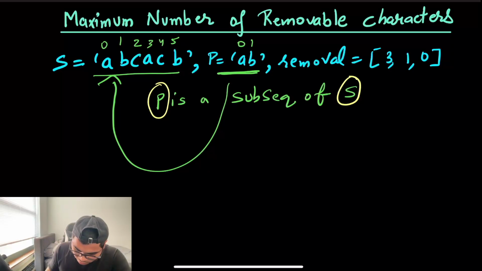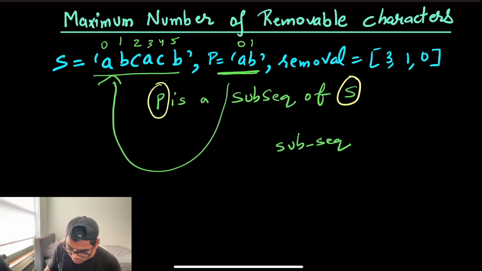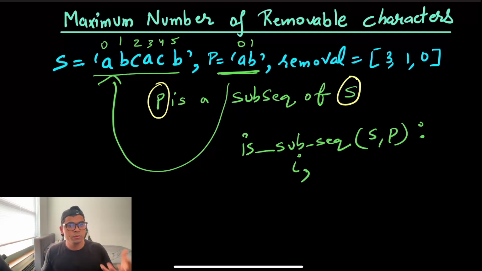How do you check that? So let's write pseudocode for checking subsequence. So is_subsequence, and let's provide s and p, and start two variables, i and j.